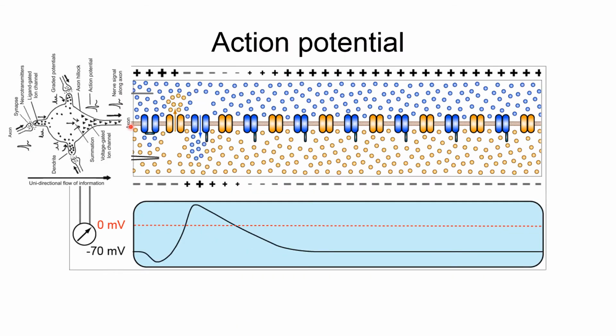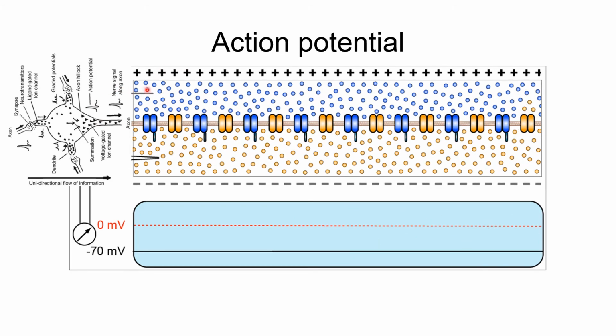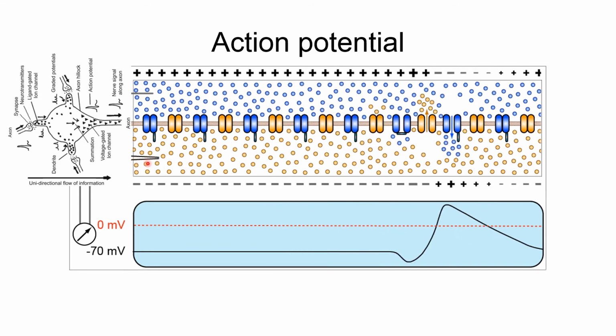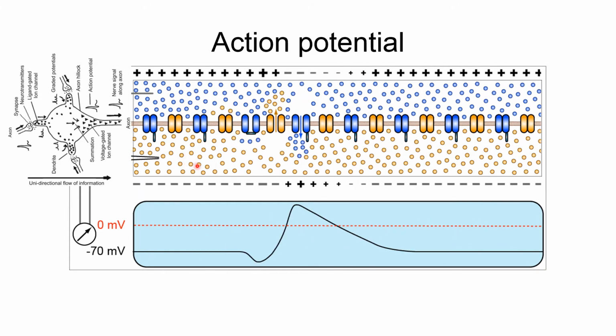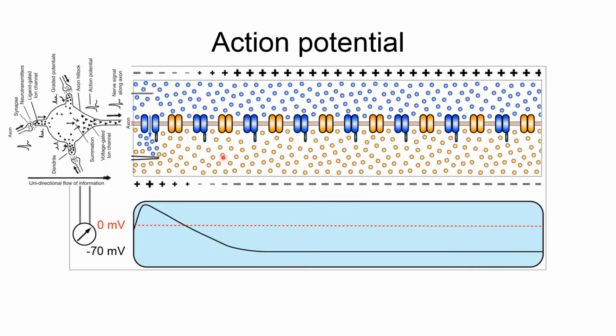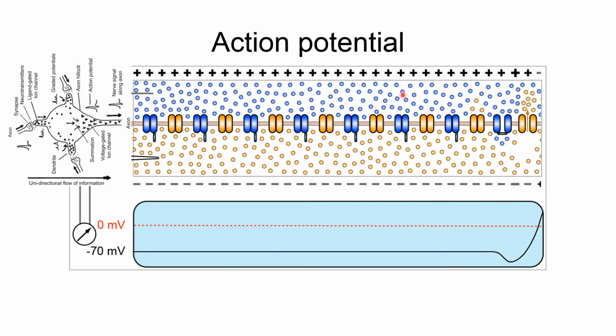Here we can see this phenomenon. This is the outside, the extracellular material, and this is the cytoplasm. Here we can see these brownish particles; these are potassium, and these bluish ones are sodium.